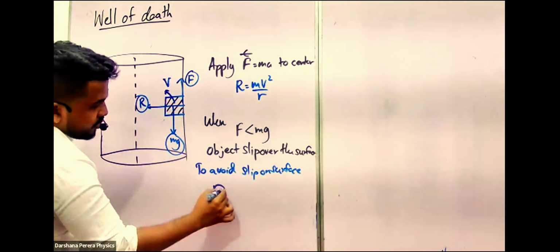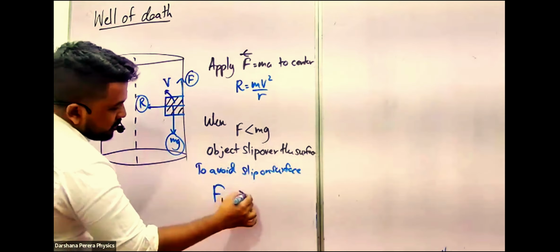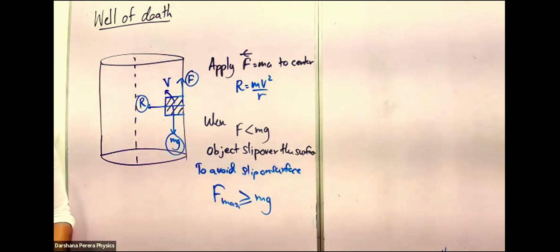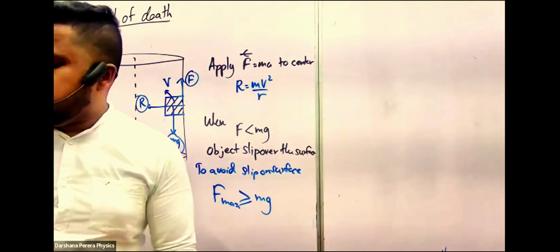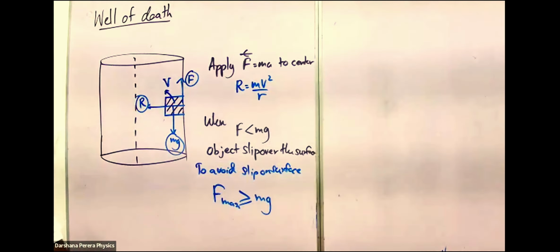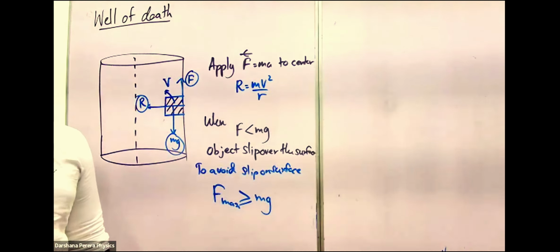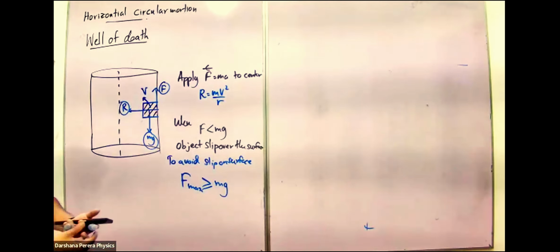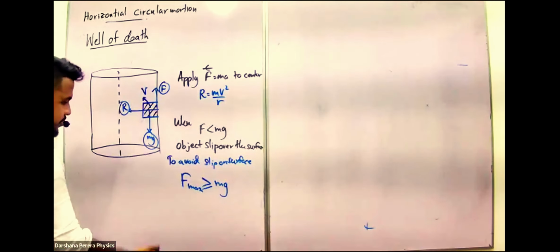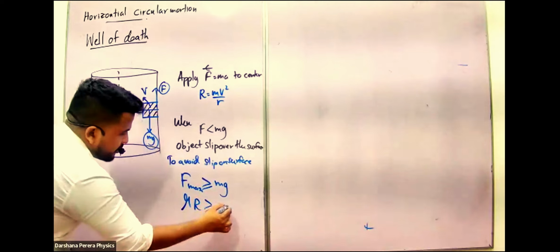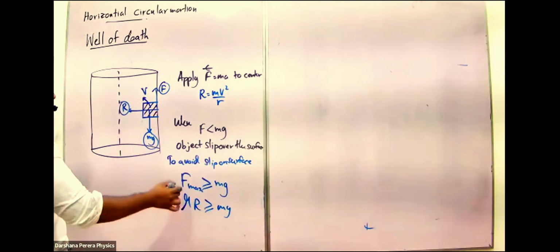F max should be greater than or equal to mg. F max means the limiting frictional force. For that condition, we can say F max is mu R, greater than or equal to mg. What is R?